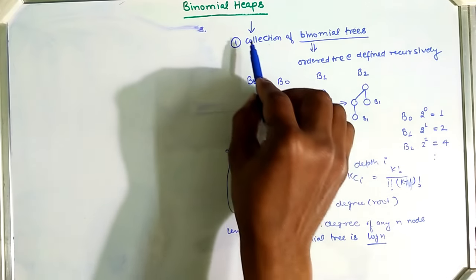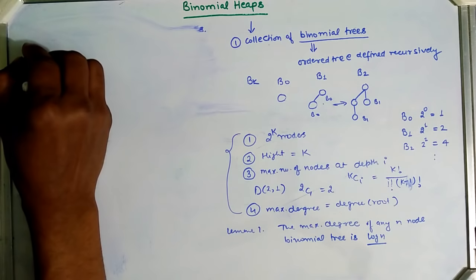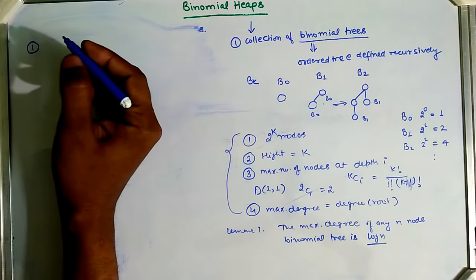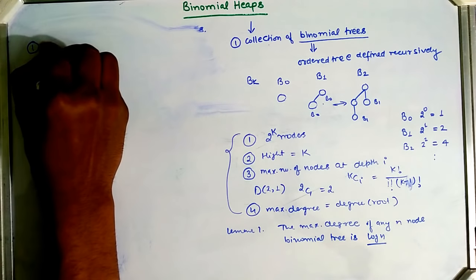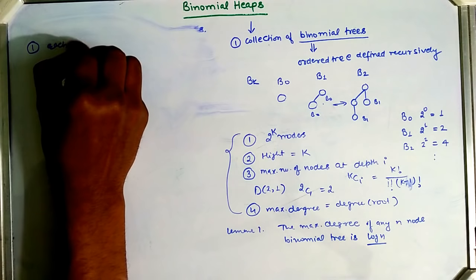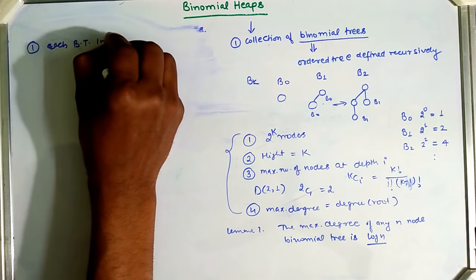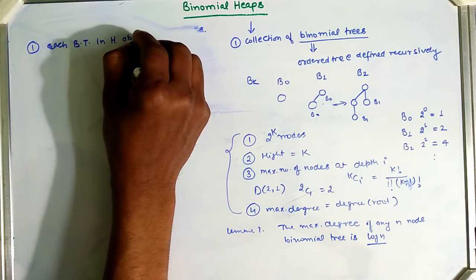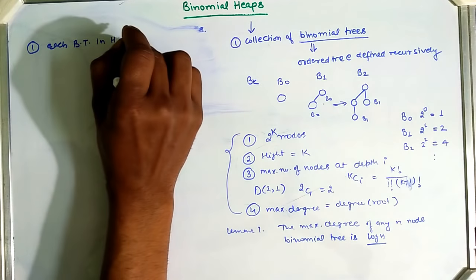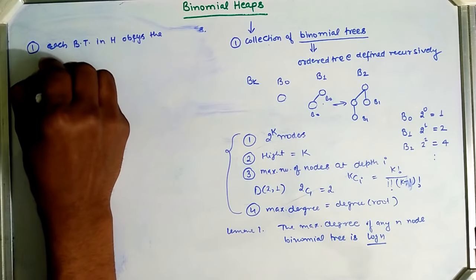A binomial heap is a collection of binomial trees with the following properties. First, in every binomial heap, each binomial tree in heap H obeys the min heap property.